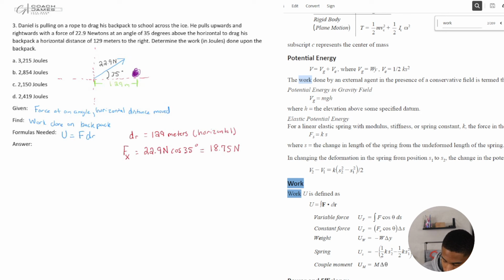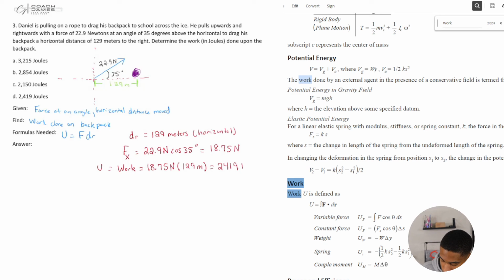So then work, U, equals force, which is 18.75 newtons, times a distance of 129 meters.